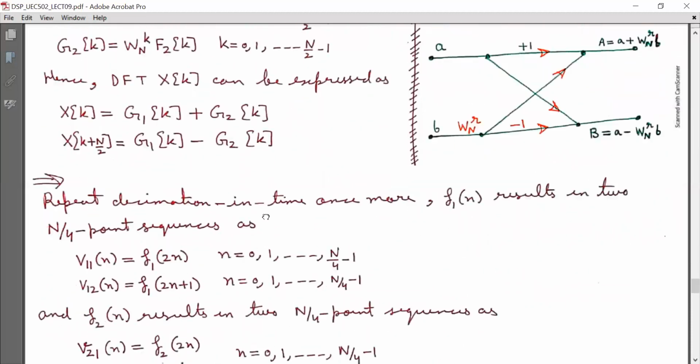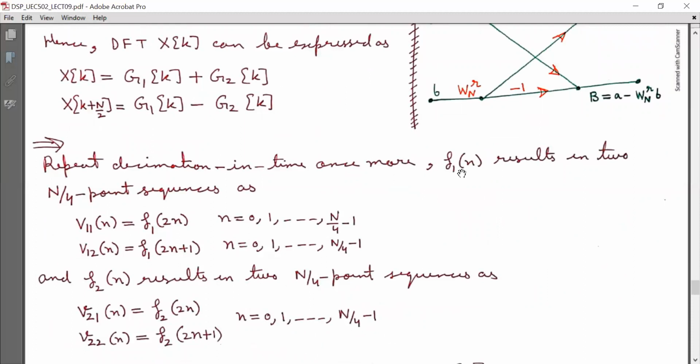Now repeat decimation in time once more. The F1(n) results in two N/4 point sequences as V11(n) is equal to F1(2n), and V12(n) is F1(2n plus 1), that is once more even and odd numbered samples for F1(n), and F2(n) results in two N/4 point sequences as V21(n) is equal to F2(2n), and V22(n) is equal to F2(2n plus 1), for n ranging from 0 to N/4 minus 1, or even and odd sequences.